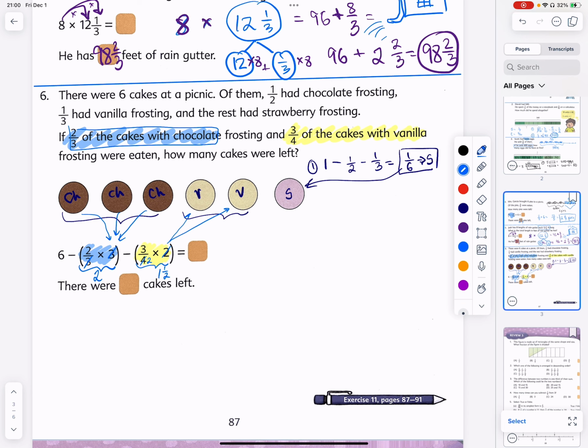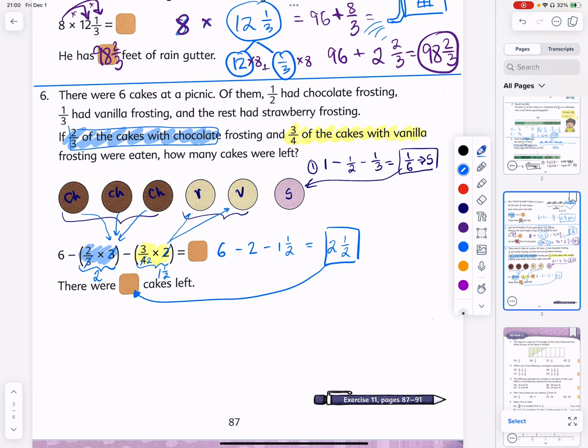Now let's rewrite this expression. 6 minus 2 chocolate cakes eaten minus 1 1/2 vanilla cakes eaten equals 6 minus 2 minus 1 1/2, which gives you 2 1/2 remaining cakes. 2 1/2 cakes are still remaining.